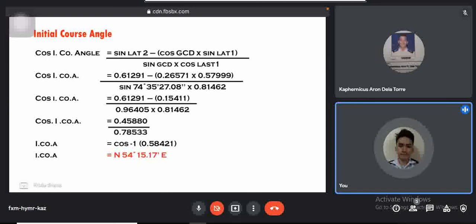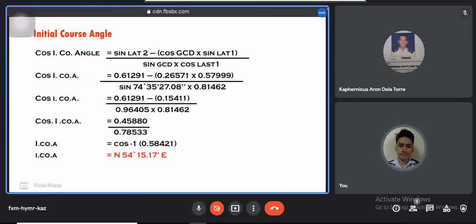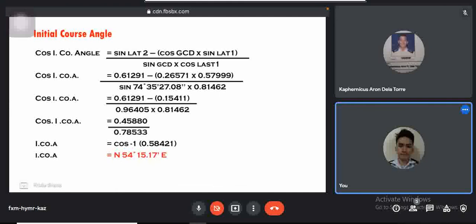Since the formula is cosine initial course angle, on the calculator we press shift cos, or inverse cosine, of 0.58421, and the result is north 54 degrees 15.17 minutes east. Next slide.